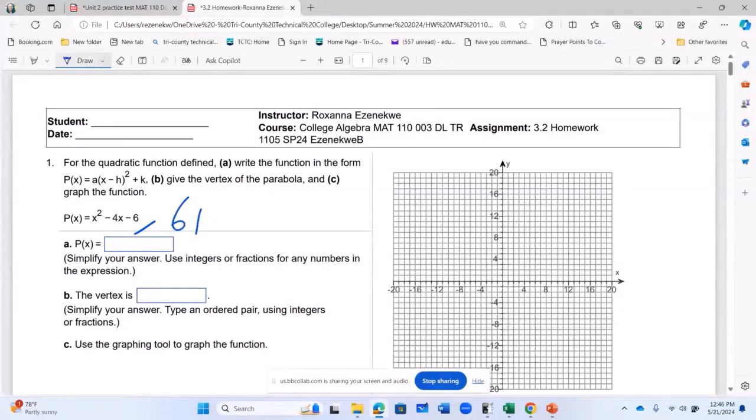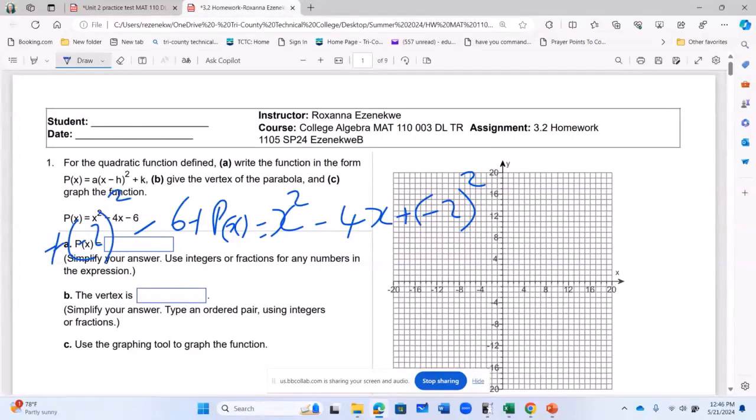So I have 6 plus p of x is equal to x squared minus 4x. Now the next thing is to take the coefficient of the linear term divided by 2. Negative 4 divided by 2 is negative 2. So I am going to add that negative 2 squared here.